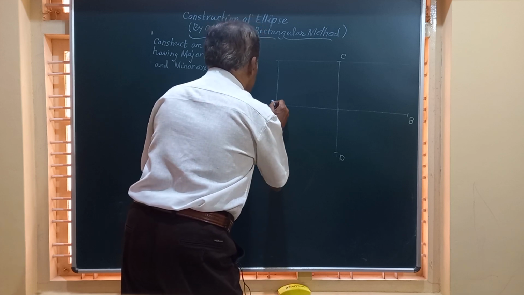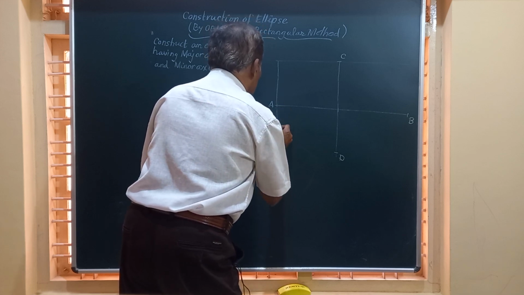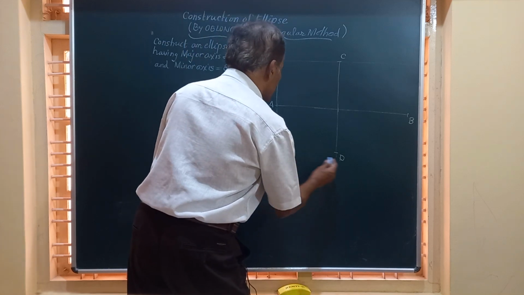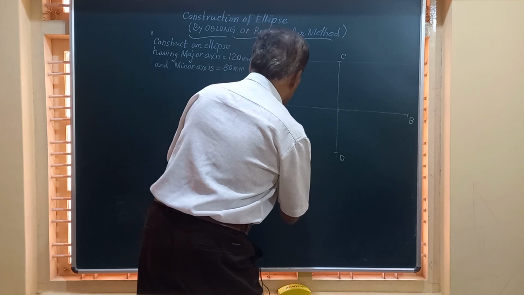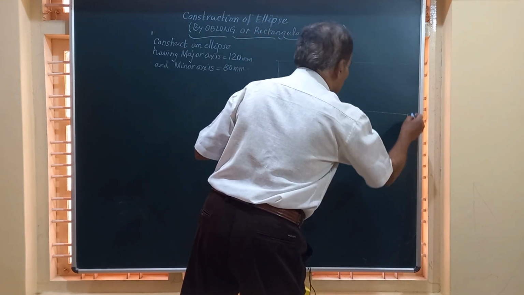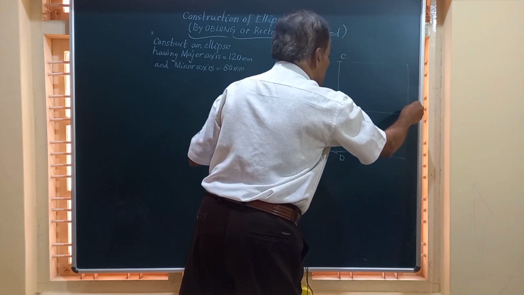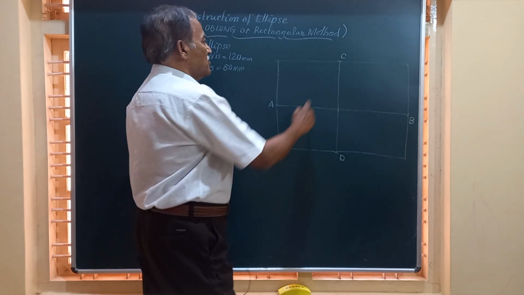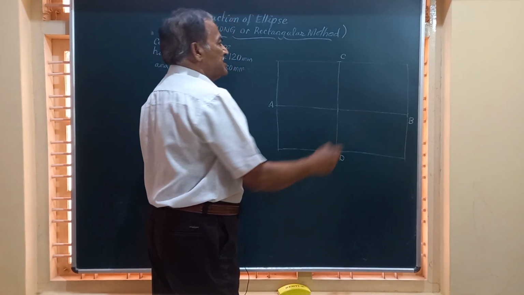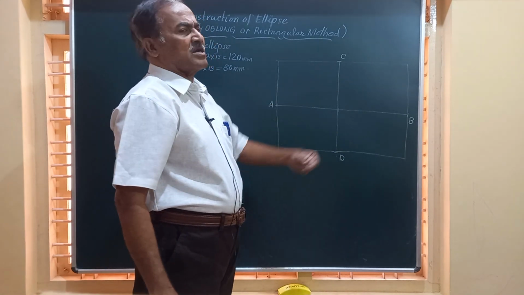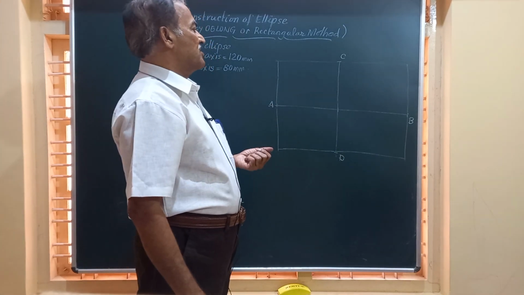I will call this A here, and this I am going to write as 40 millimeter. So friends, we have got this box. Let me complete this box having length equal to the major axis and height equal to the minor axis. So this is the minor axis, this is the major axis, and I am not going to show these dimensions because I have to mark a lot of other parameters on this.